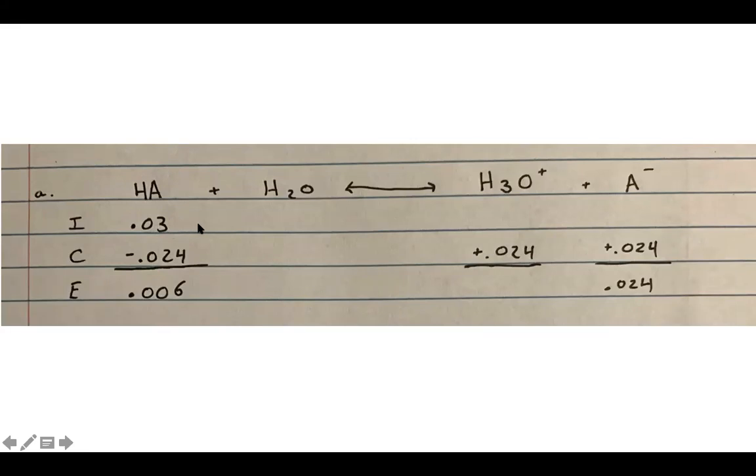Okay, now when we add 40 milliliters of 0.3 molar barium hydroxide, that's like adding 0.024 moles of hydroxide. So that's going to be our change. We'll subtract from the reactants, add to the products. And at equilibrium, we have a certain amount of weak acid and a certain amount of conjugate base. Okay, so because we have an amount of both of these, this is a buffer system.